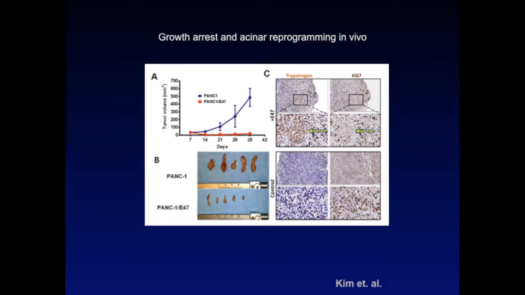And moreover, in the control tumors, there is no trypsin expression that can be seen. And they're pretty homogeneous in the Ki67 expression as well. We had cells that escaped E47; even when we sort for the cells that have the E47, there are always some contaminants. Those cells grew. But where the cells had E47, very few are Ki67 positive, and they uniformly express trypsin.